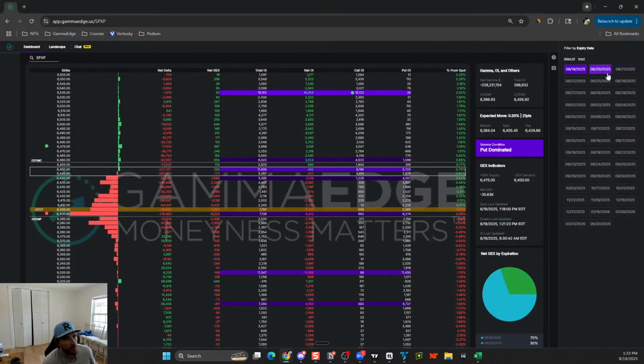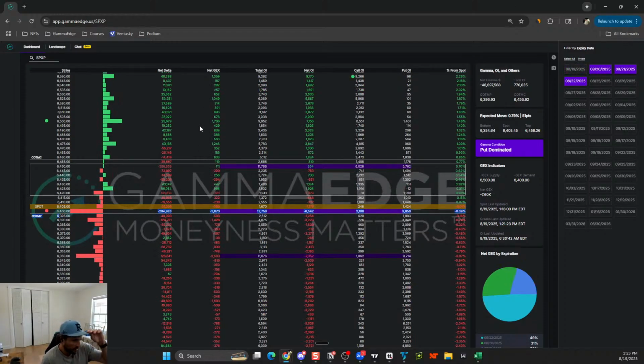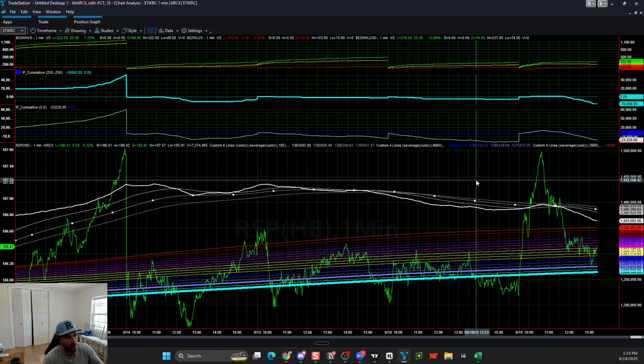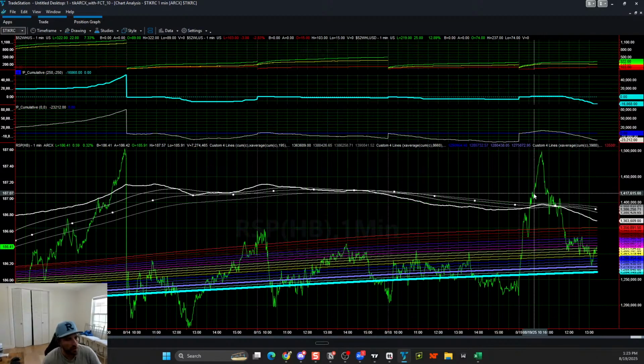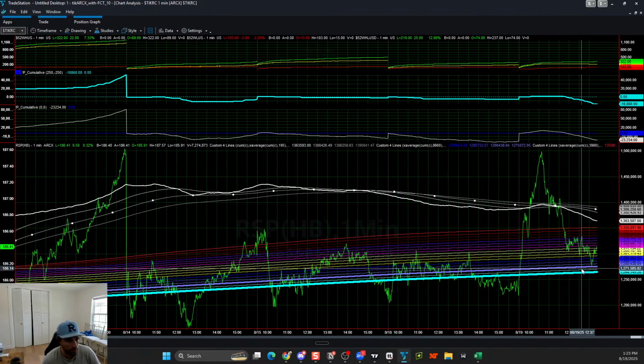Looking at the rest of the week, to the 22nd, yeah, put dominated right now. Again, 6,400 is kind of the key fulcrum. If we remove today's expiration, again, 6,400 is the key fulcrum. Under 6,400, then obviously we start to bring these other levels into play. And then our market trend model, short term, is showing a bit of weakness in momentum. So that's kind of what we're focused on right now.